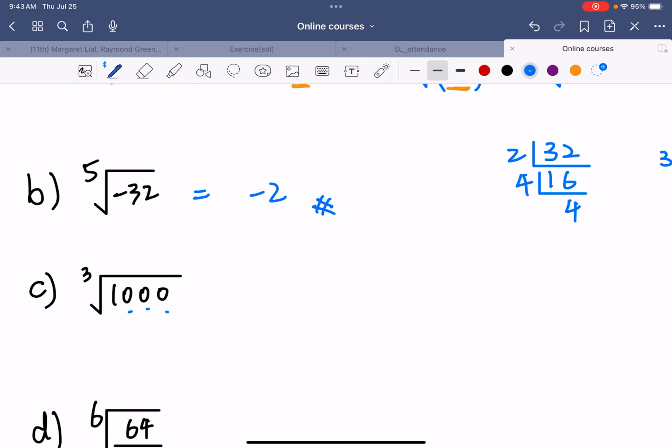So we got 3 here. That means we can rewrite 1000 into 10 times 10 times 10.